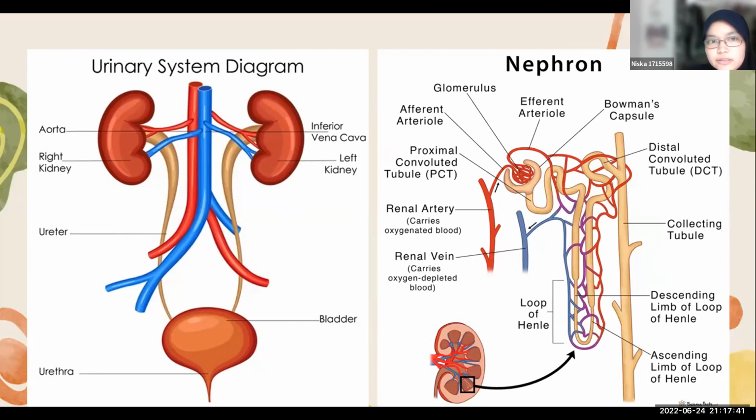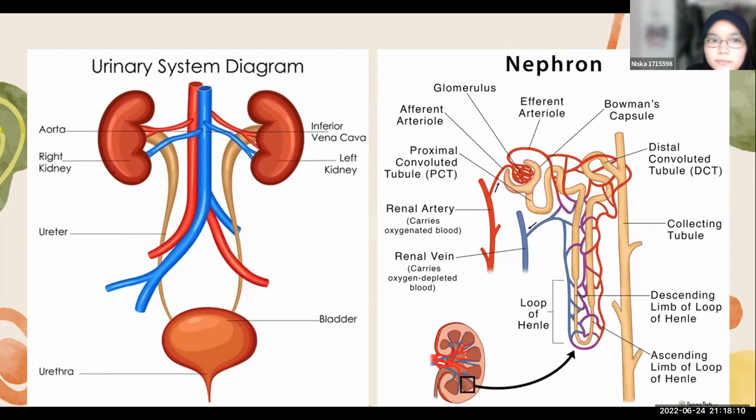And the nephron is one functional unit of the kidney, consisting of vascular and tubular components. So the vascular component includes the afferent and efferent arterioles, glomerulus, and also peritubular capillaries. While the tubular component, we have Bowman capsule, loop of Henle, proximal and distal tubule, and also collecting duct.